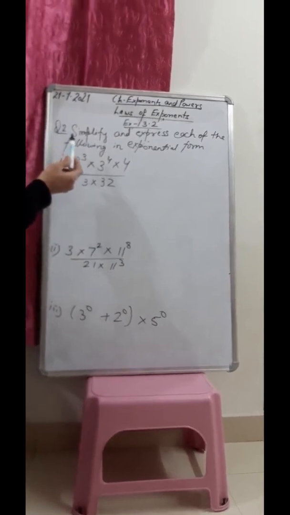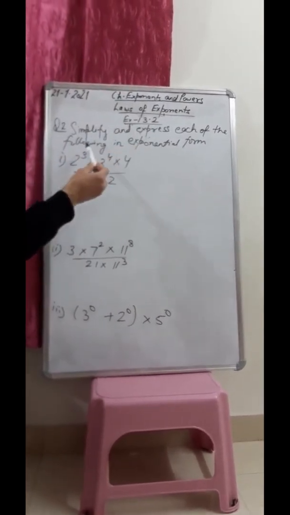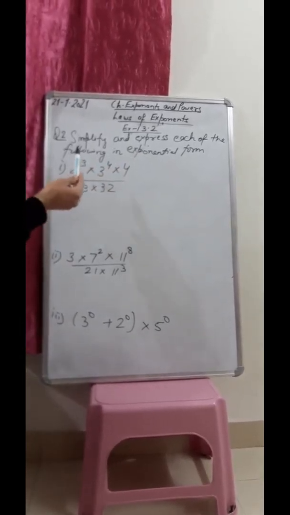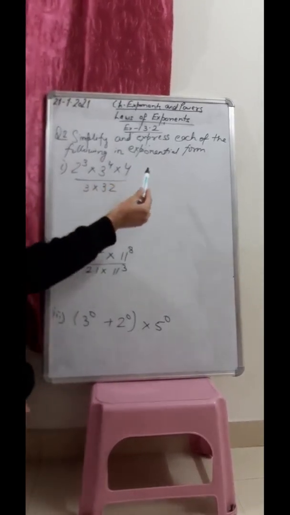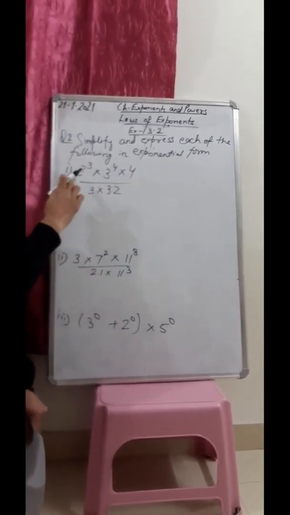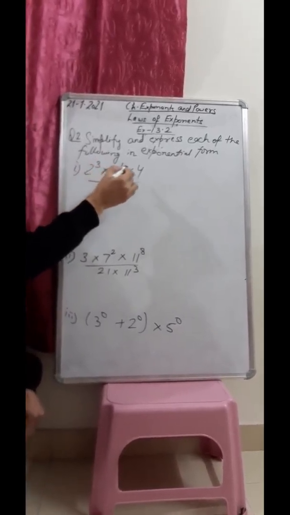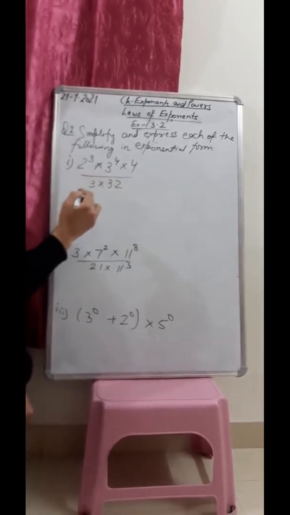So students, question number 2 is: simplify and express each of the following in exponential form. That means we have to write the answer in exponential form. First is 2 raised to power 3 multiplied by 3 raised to power 4 multiplied by 4, upon 3 into 32.